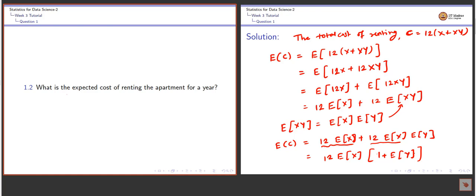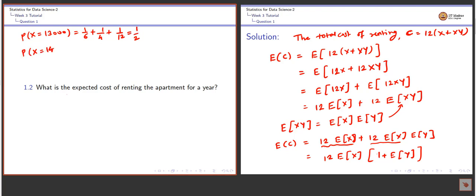Here we need to find the expectation of x. For that, we have to find the PMF of x. The probability that x equals 13,000 is nothing but the marginal probability for x, so it's 1 by 6 plus 1 by 4 plus 1 by 12, which equals 1 by 2.